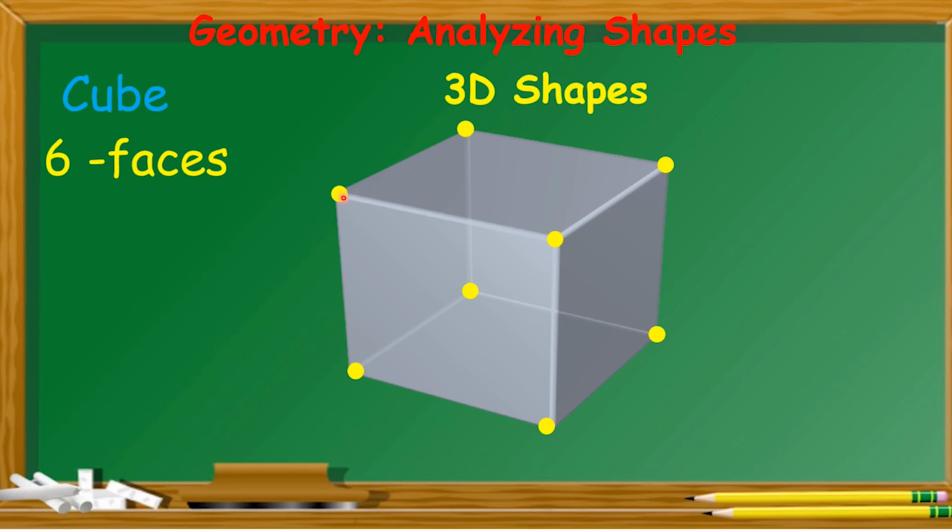So a cube has 8 corners. 1, 2, 3, 4, 5, 6, 7, 8. So it has 8 corners. Remember this one. These are corners.